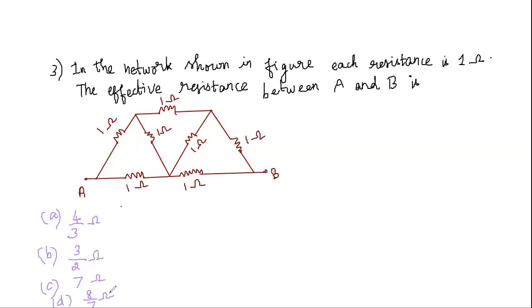Now we are going to find out the effective resistance between points A and B. For that, we need to give notation for currents through different branches. So that I am going to do now, using a different color.